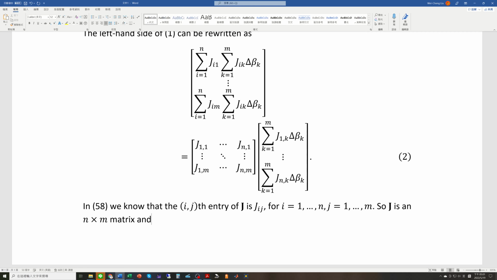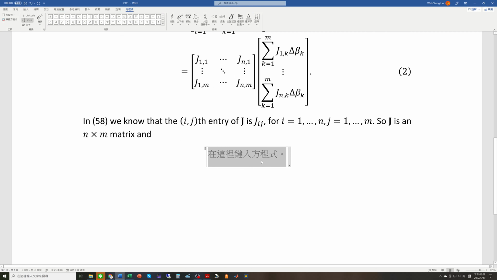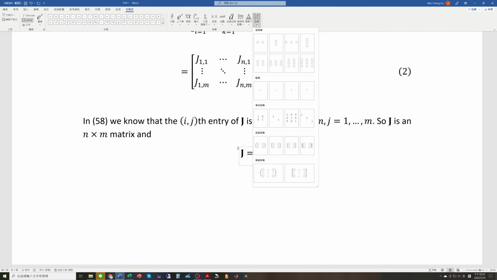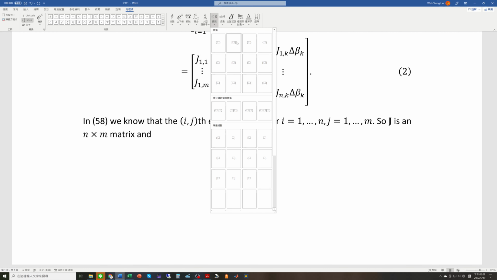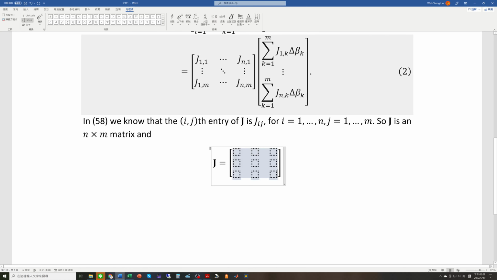Matrix, and we can write J as a matrix. J is equal to a matrix. So let me input brackets and 9 boxes.